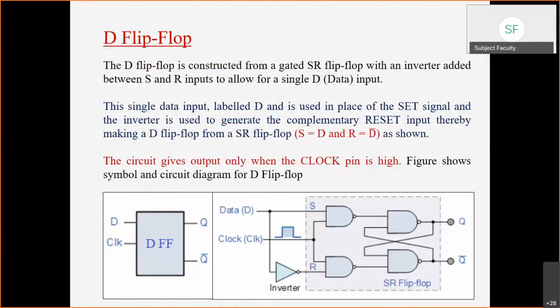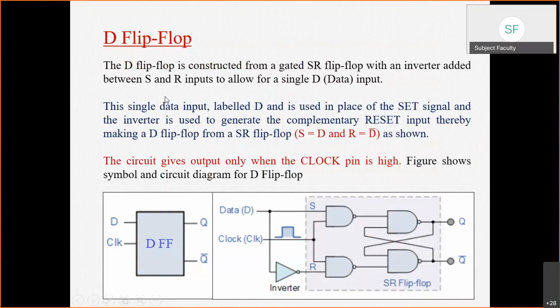Okay. So now we will discuss today's topic, that is regarding D flip-flop and T flip-flop. Once you have understood the working of SR and JK flip-flop, these two flip-flops are very simple and very easy to understand.